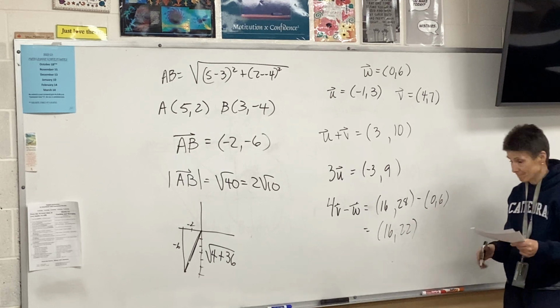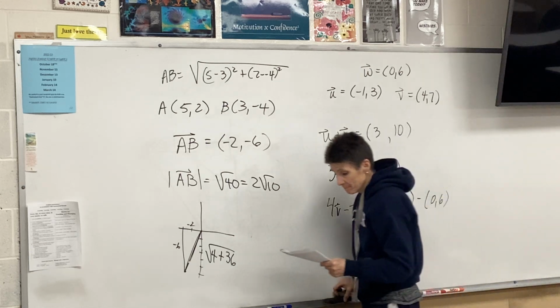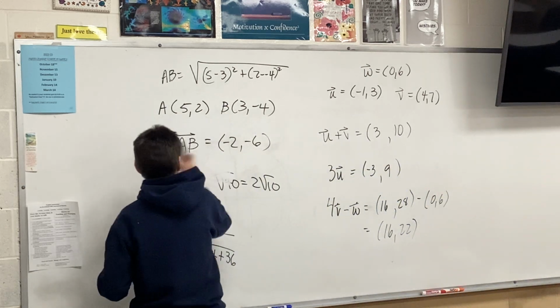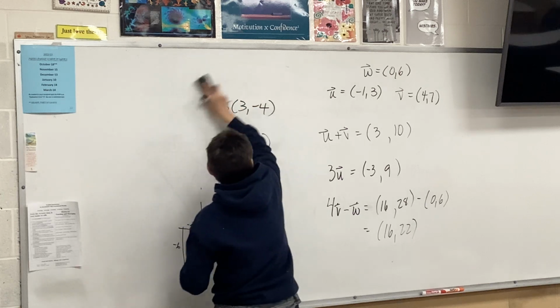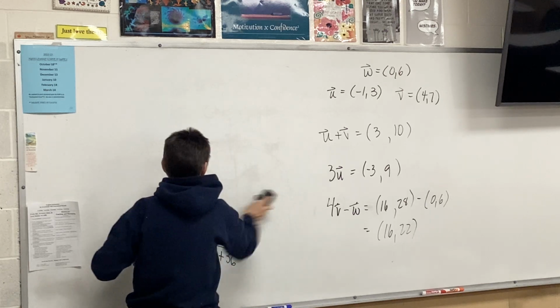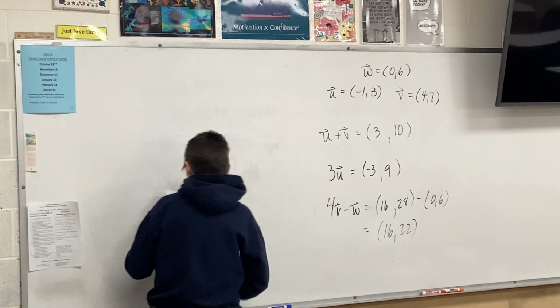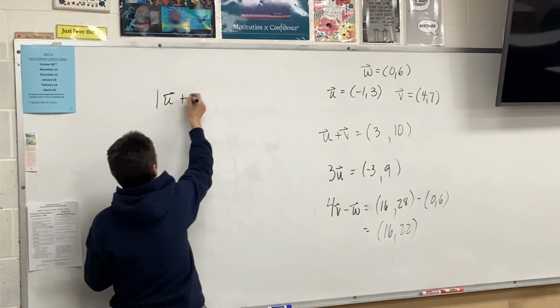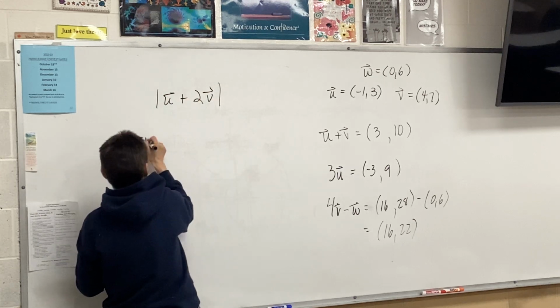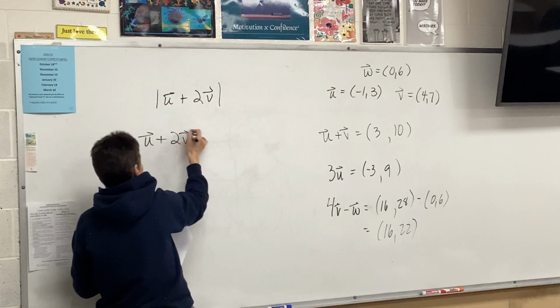Easy. Now D adds a little twist to it. It starts out the same way. We are finding the magnitude of U plus 2V. So let's do U plus 2V first.